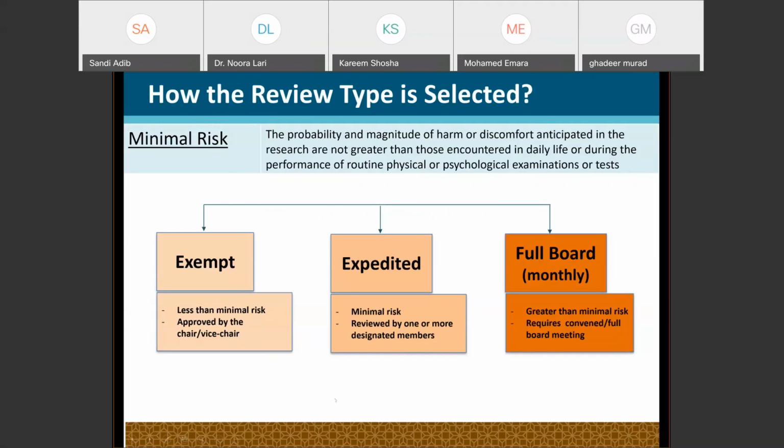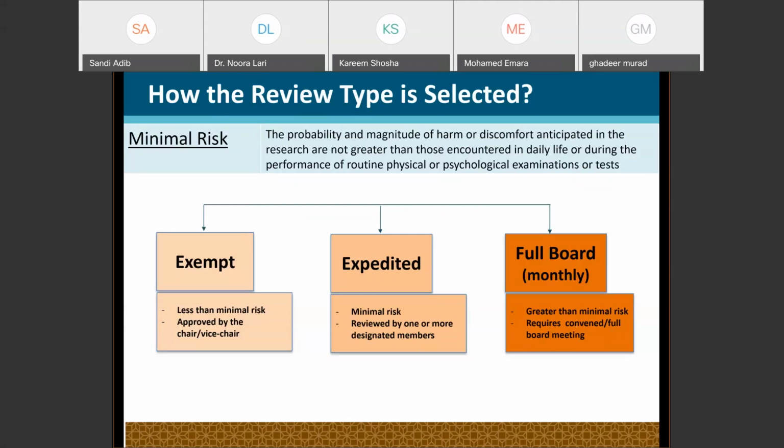For a full board to meet, it has to meet a quorum, which means that the majority of the committee has to be in the meeting, and all the decisions are made by voting. Making sure the quorum is met takes a lot of administrative task and follow-up. Even during the meeting, we have to maintain the quorum and the majority of the full board attending.